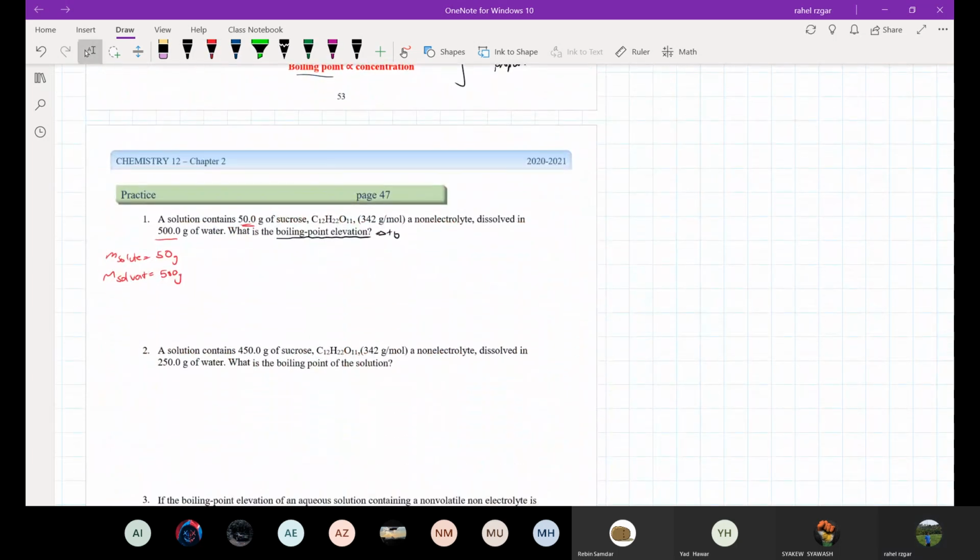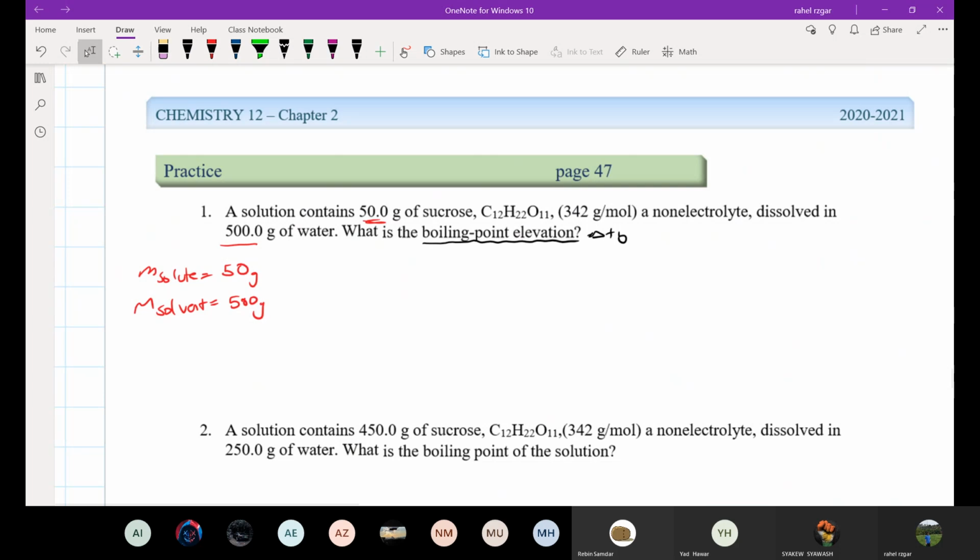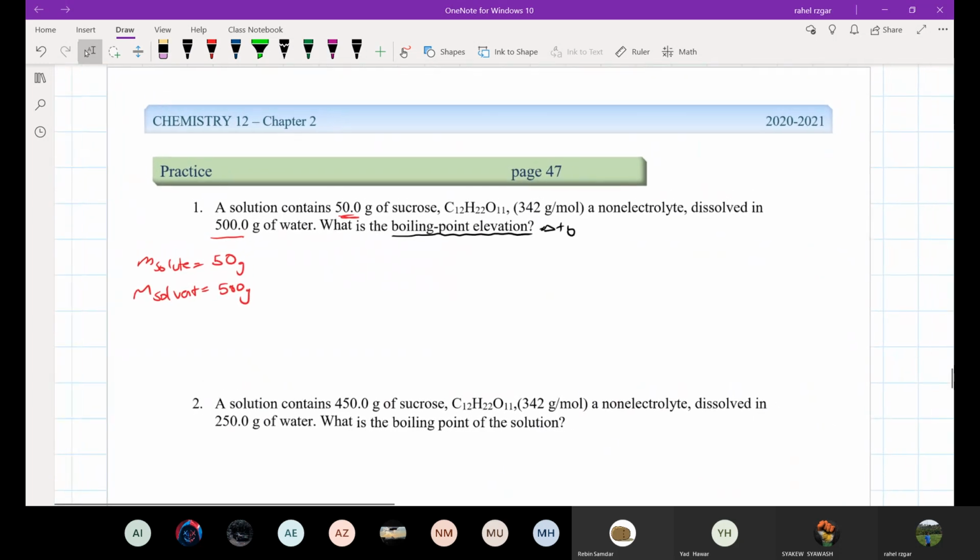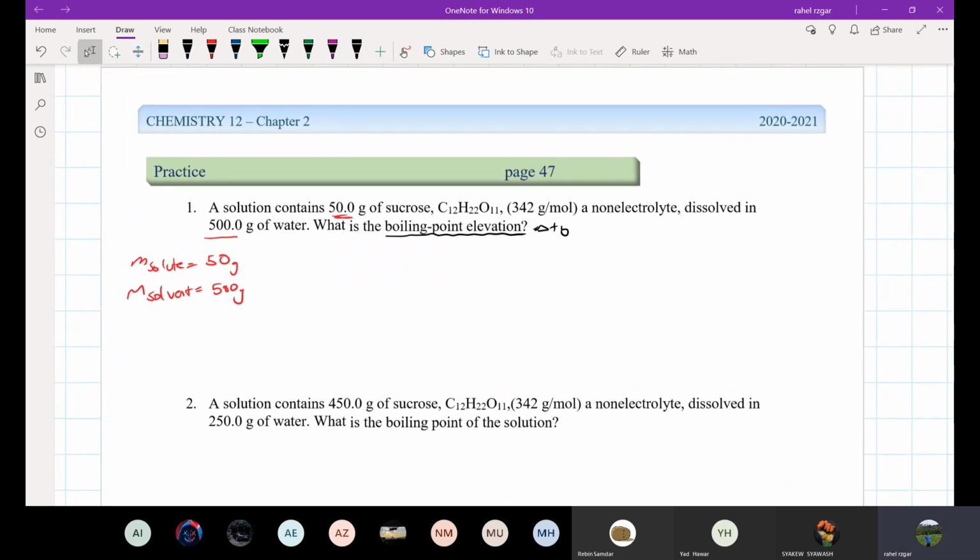Okay. Now, what else is given? It says find delta Tb. And we have molar mass. Okay.